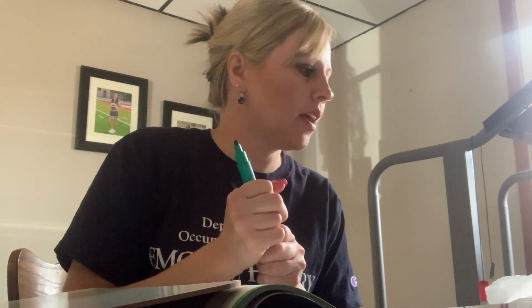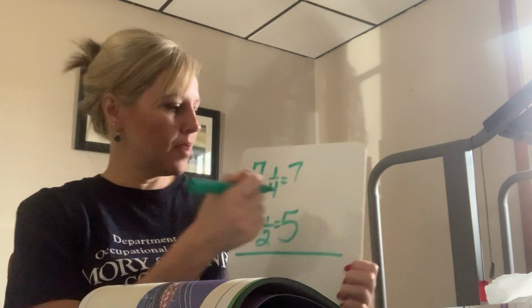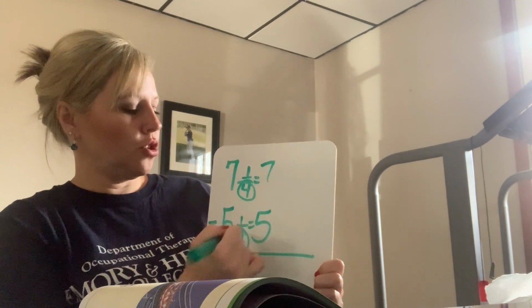So let's subtract 7 1/4, because that was how many were on the first train ride. And the third train ride was 5 1/2. As you can see, pull over your whole numbers. We have to find common denominators, 4 and 2.